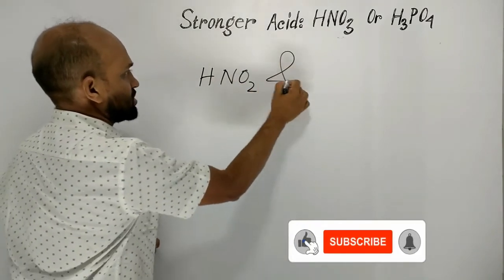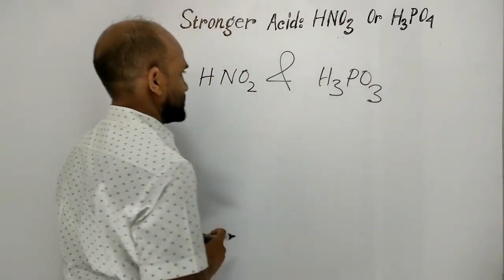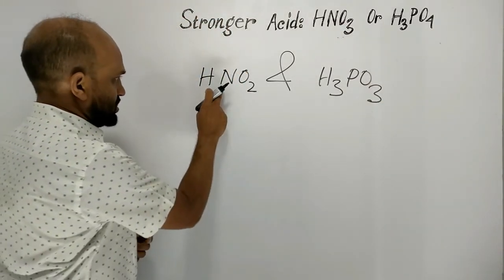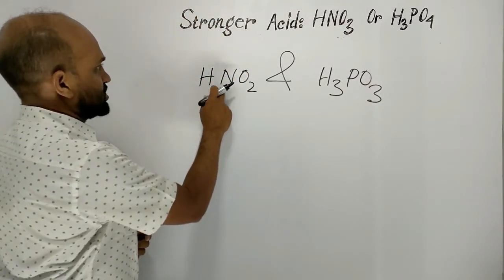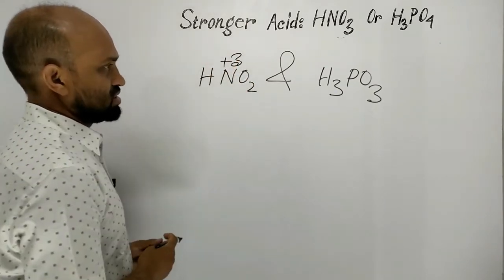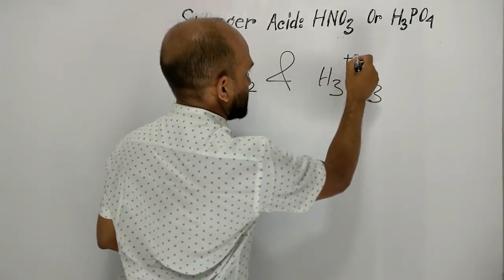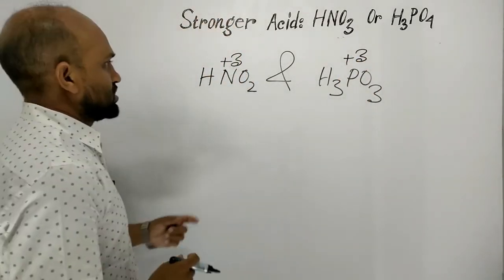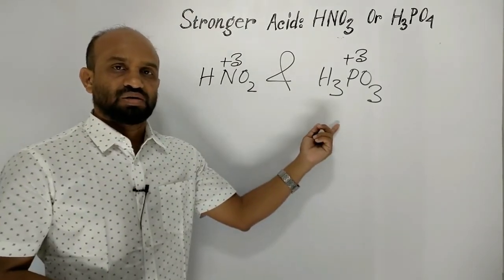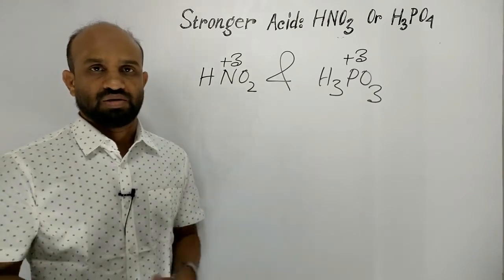Nitrous acid and phosphorus acid. In nitrous acid, the oxidation number of nitrogen is +3. Here, the oxidation number of phosphorus is +3. Same oxidation number, then which one is stronger and why?